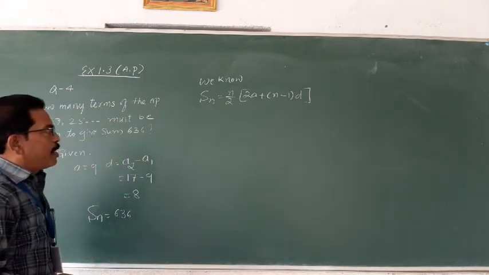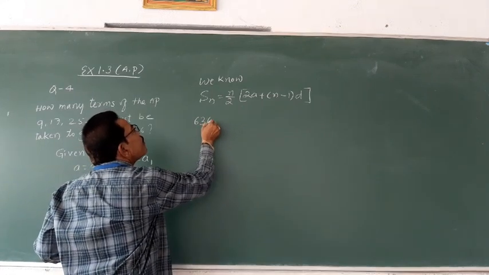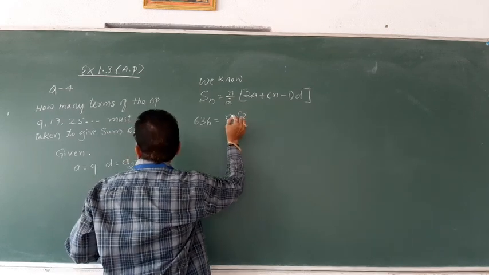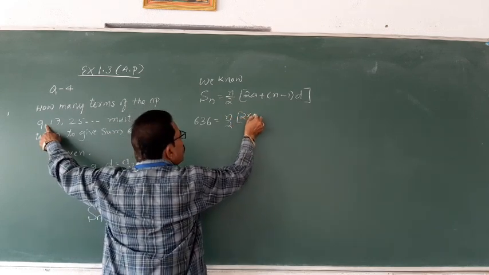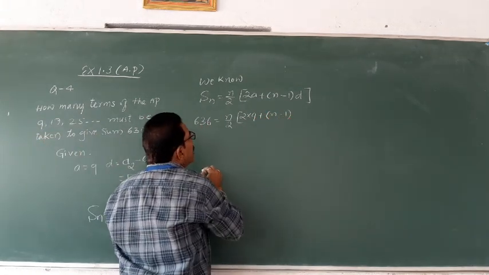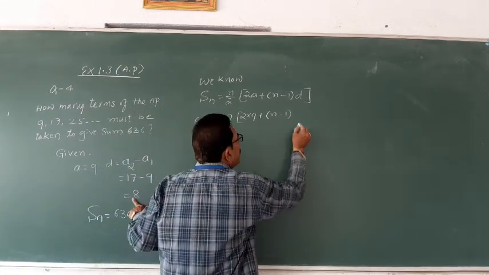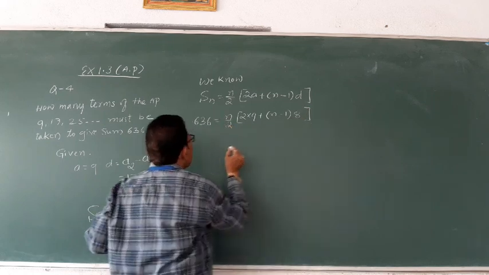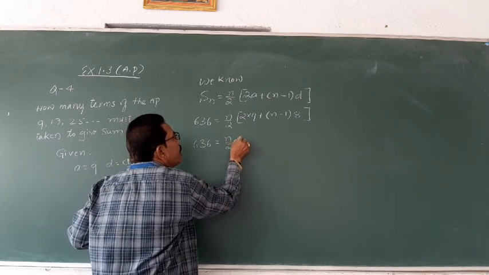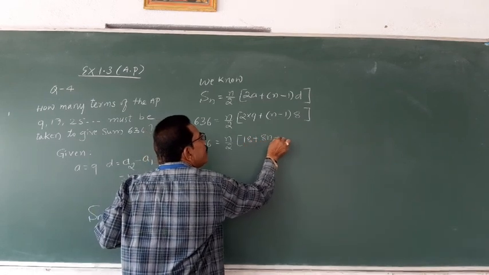Here Sn is given, that is 636, which equals n by 2 in the big bracket 2 into 9, that is 18, plus (n minus 1), where the common difference d equals 8. Then 636 equals n by 2 in the bracket 18 plus 8n minus 8.